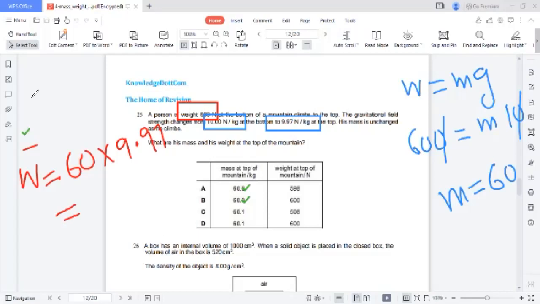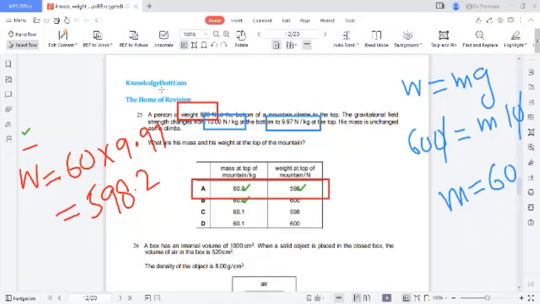So if we use a calculator, then the answer would be 60 times 9.97, which is 598.2. So this is the second correct option. Okay.